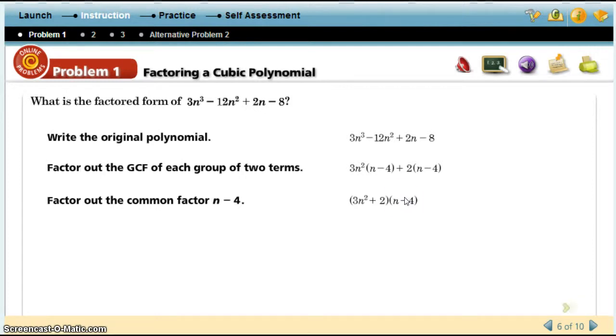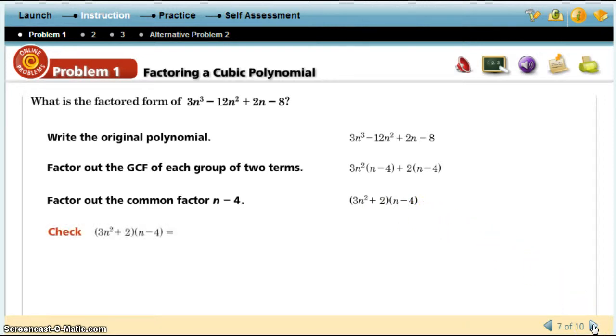Now think about if you were to distribute. If you were to distribute n minus 4 to 3n squared, it would be 3n squared times n minus 4. Same thing here. If I were to distribute that entire parenthesis to the 2, I would have 2 times n minus 4. So it's just the distributive property backwards, taking out the greatest common factor. But that's your answer. That is the factored form of that cubic polynomial.